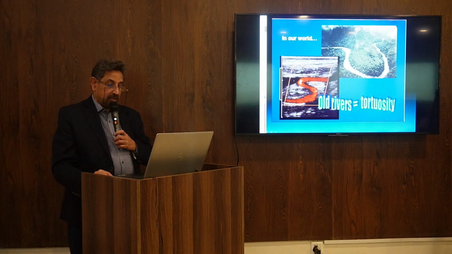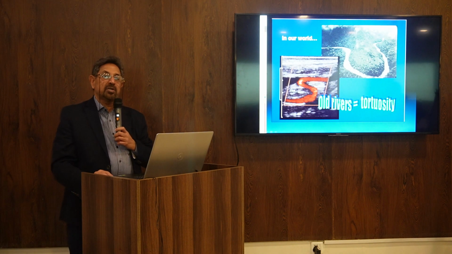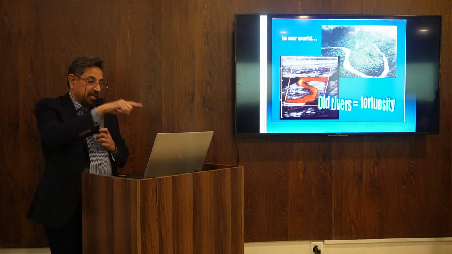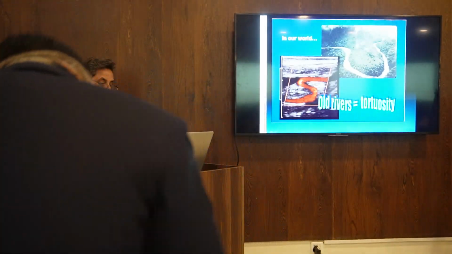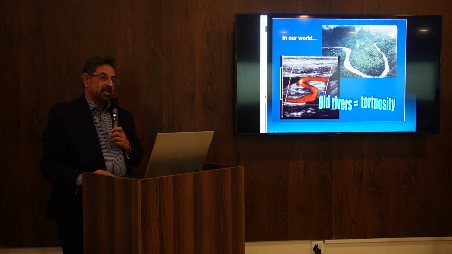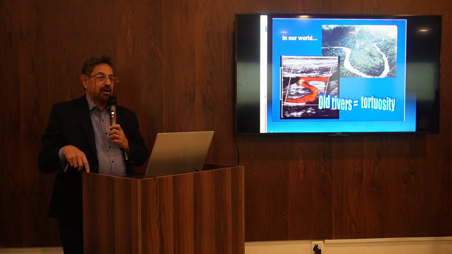Some rivers, the old rivers, are tortuous and run like a snake. Where there is a turn of the vessel, you see the highest velocity in yellow. When you take a swift turn in your car, what happens?